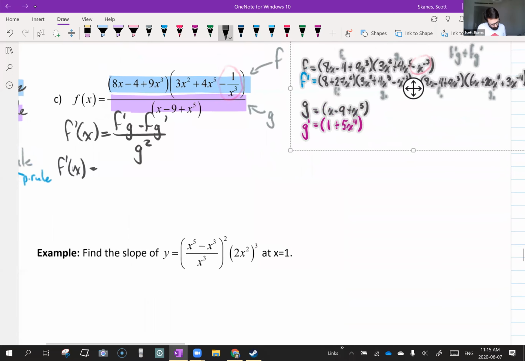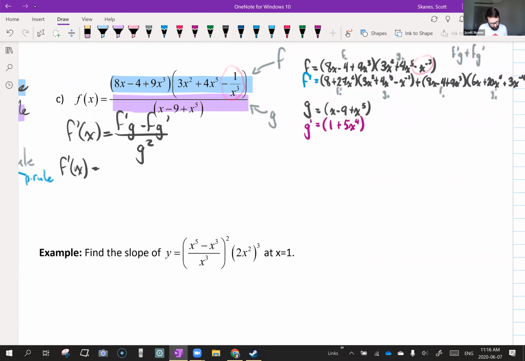Okay. So f prime, I need f prime here, the blue one. 8 plus 27x squared. I'm just copying this piece. 3x squared plus 4x to the power 5 minus x to the power of negative 3 plus 8x minus 4 plus 9x cubed, 6x plus 20x to the power of 4 plus 3x to the power of negative 4.